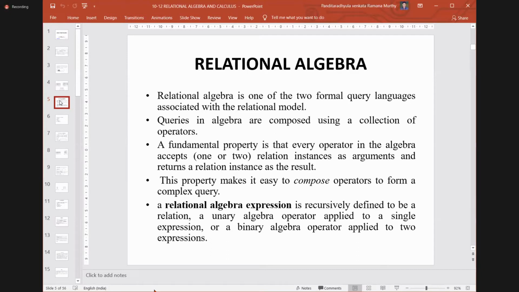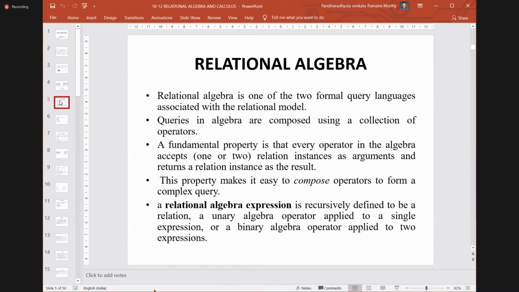If the queries or our results involve more than two or three tables, they will also be computed based on these fundamental relational operators only. That is the reason relational algebra expressions can be defined recursively also.